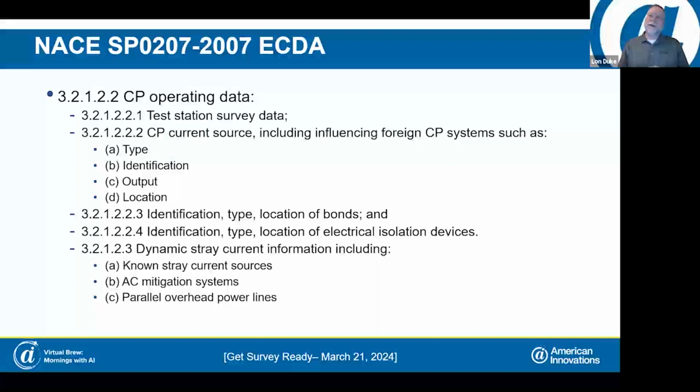Stray current. Is there any known stray current out there? Anything in the past that you have seen, particularly AC? Is this right of way in an HVAC line? AC mitigation is such a huge topic right now. More and more of these lines are getting shared with the power line right-of-ways.